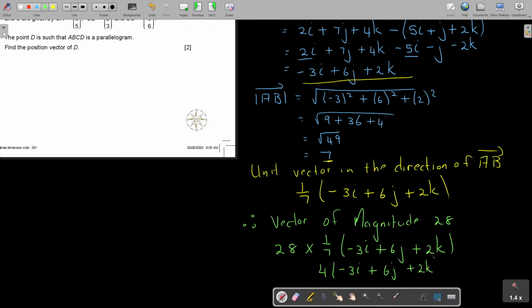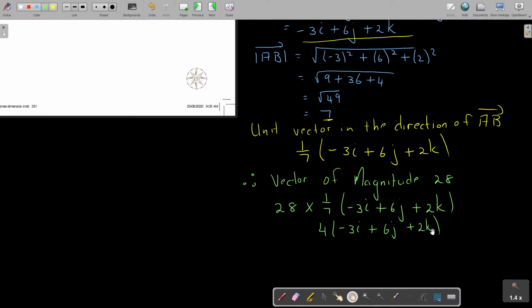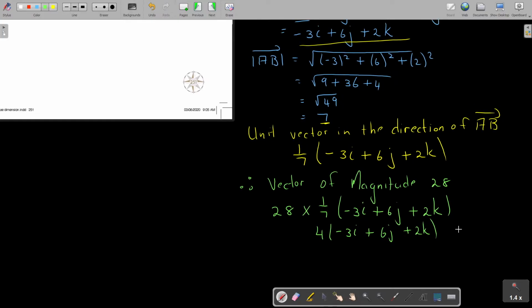I can multiply it in, or I can say this is negative 12i plus 24j plus 8k. Or just take note, it is 4 times the magnitude of AB. So that will be your solution, and that's how you do number 1.